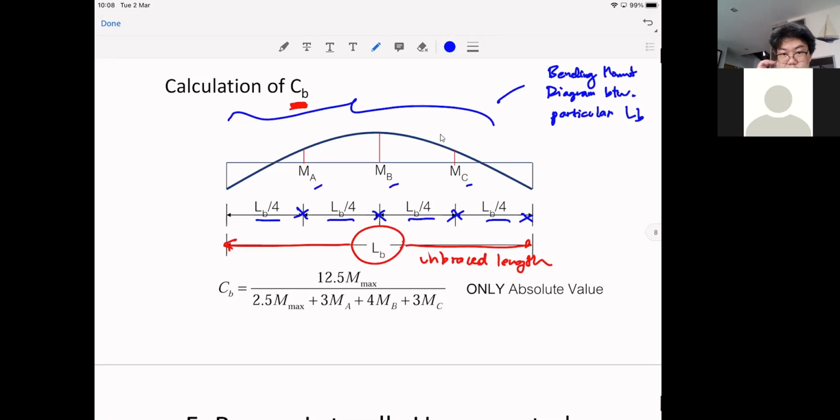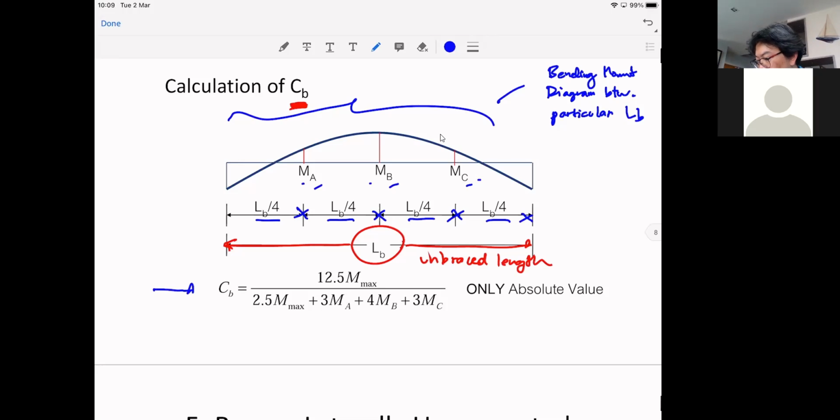Okay. So now, when you divide the unbraced length into 4 equal lengths, you can now calculate what moment at each quarter point is. Okay, so we call that MA, MB, and MC. And once you have done that, you can calculate CB by using this formula.